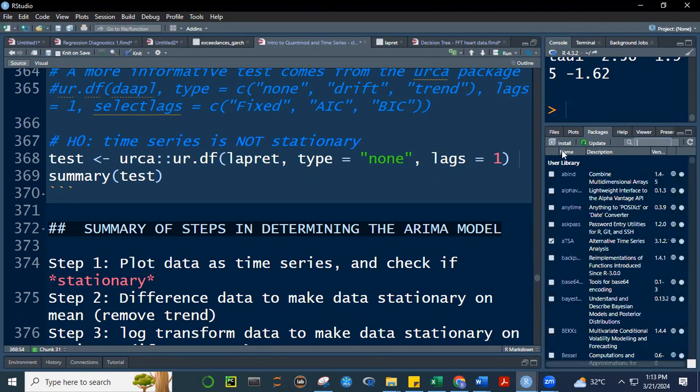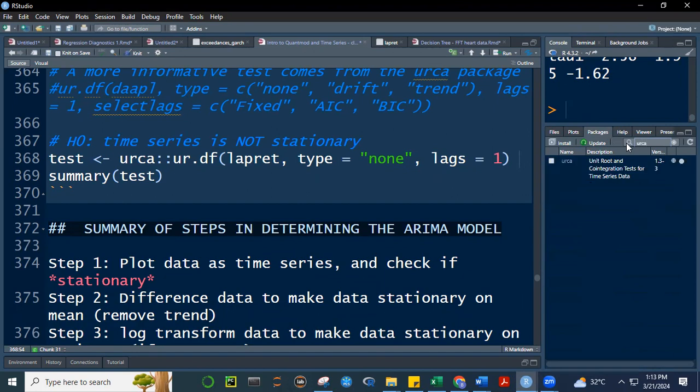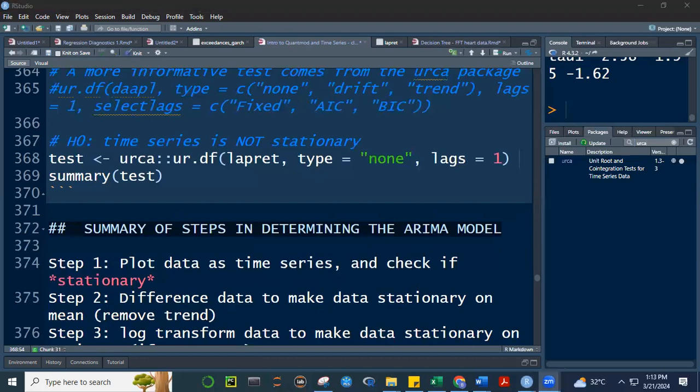So install it if you don't have it yet. urca: unit root and cointegration tests for time series. So the ur.df, unit root. Again, may I request your confirmation if you're able to follow. Okay, good. Thank you so much for your feedback.